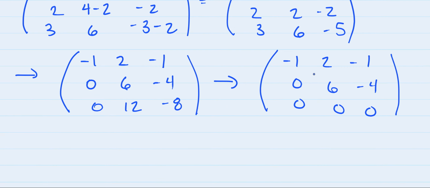And I'm going to multiply the first row by -1, so I'm going to switch the signs here. And then I'm going to divide this row by 3 and then add it to the top row.